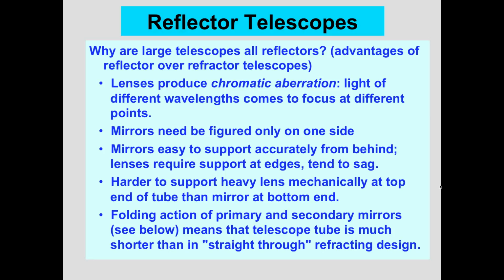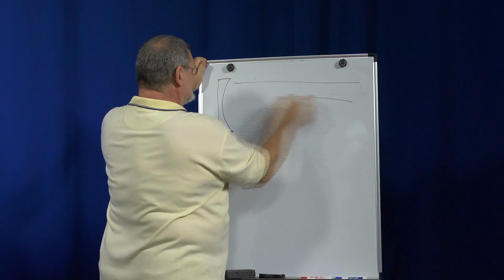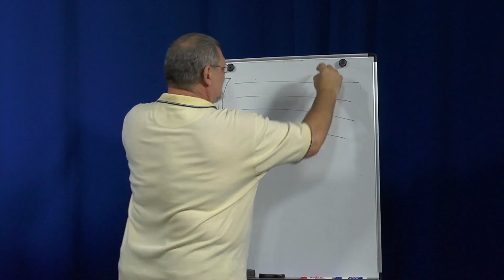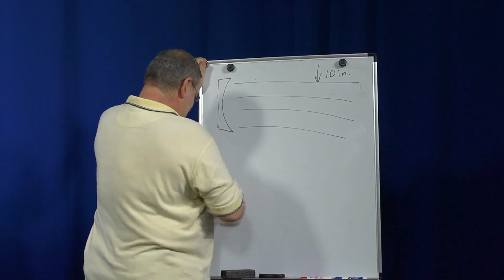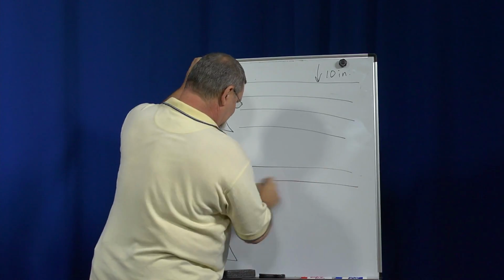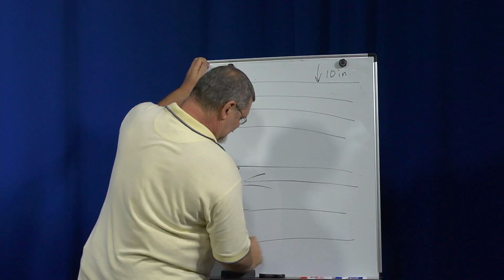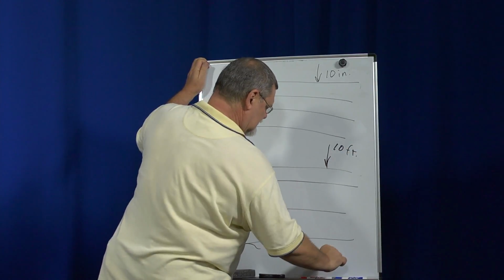If I have a reflector telescope, here's my reflector telescope of this size, I'm gathering this much light, and 10 inches, something like that, a 10-inch telescope. And then I've got one of those large ones at the observatory, and this is, say, 10 feet in diameter. Okay.